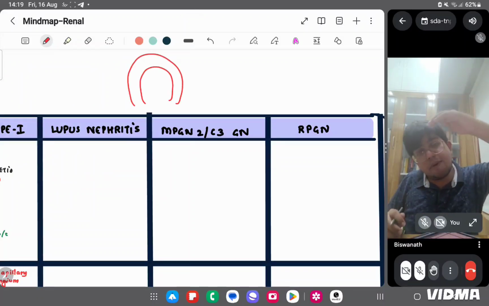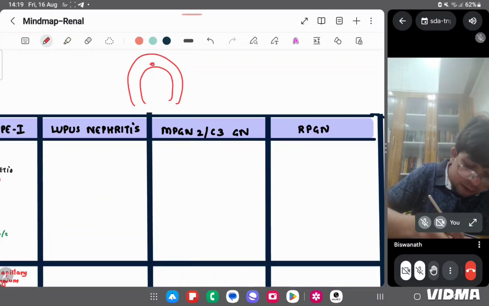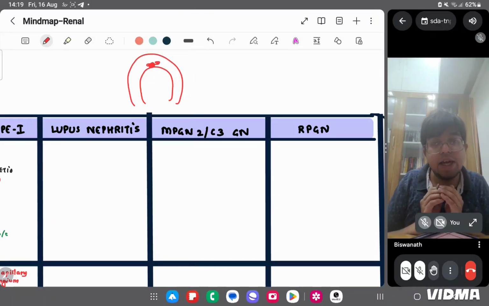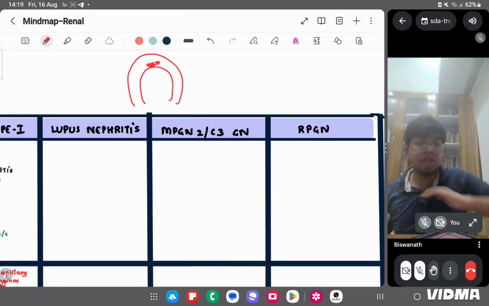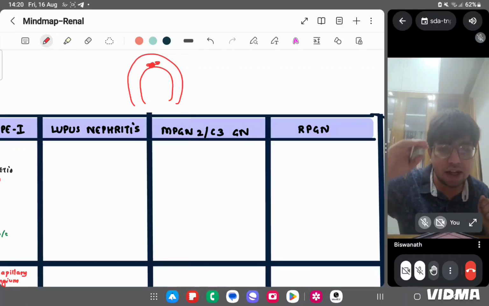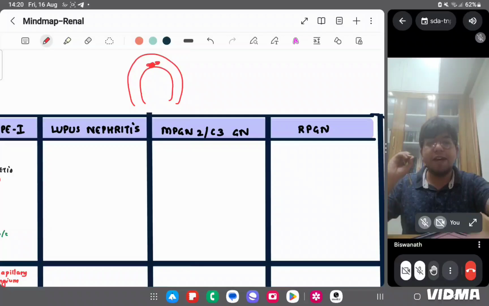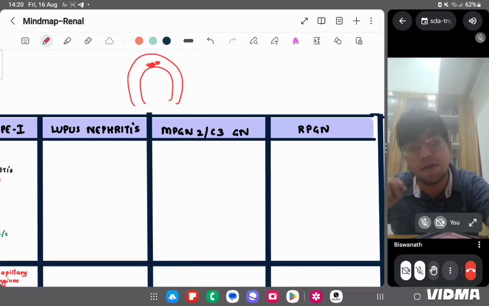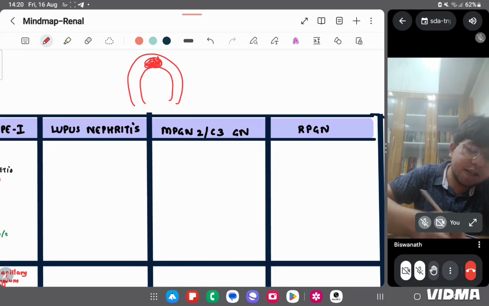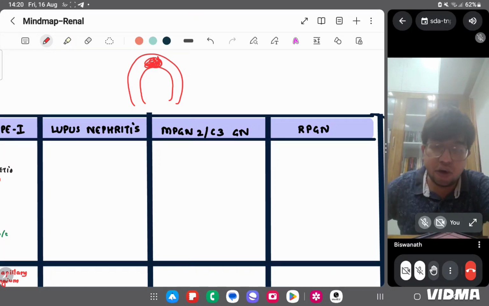At the top of the vessel, there will be a sluggish blood flow, a decreased velocity. Whenever there is a circular motion, there is a decreased velocity at the topmost point, due to which there is vascular stasis. Due to vascular stasis, some immune complexes are deposited here, and it leads to lupus nephritis.